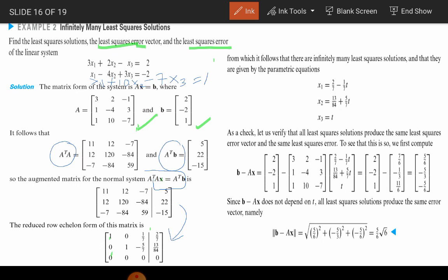I let you find the answer of the row echelon form and try to solve this question. From this answer, you will get the values of x1, x2 and x3.